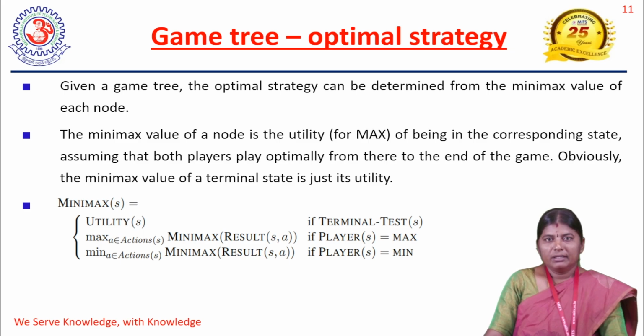Or else, if the state is being played by the max player, then it takes the maximum over all its actions after applying the minimax algorithm to the resulting nodes. If it is the min player, then it takes the minimum over all possible actions after applying the minimax algorithm to its successors. Likewise, we can find the minimax value of each non-leaf node.